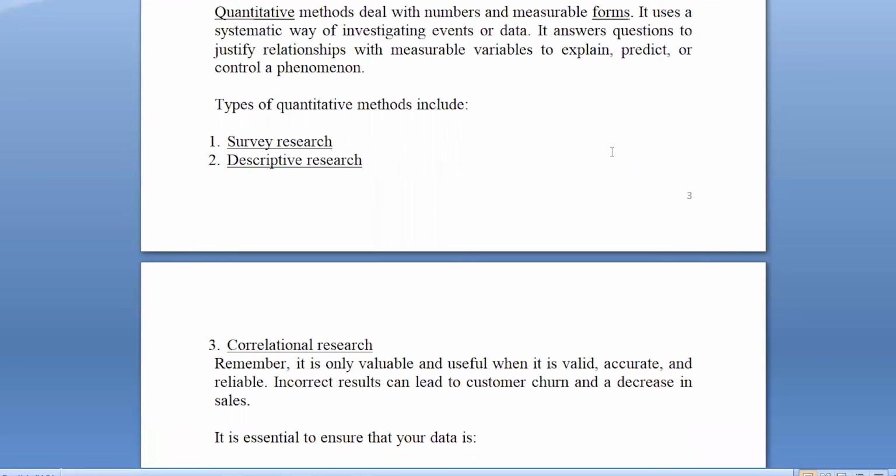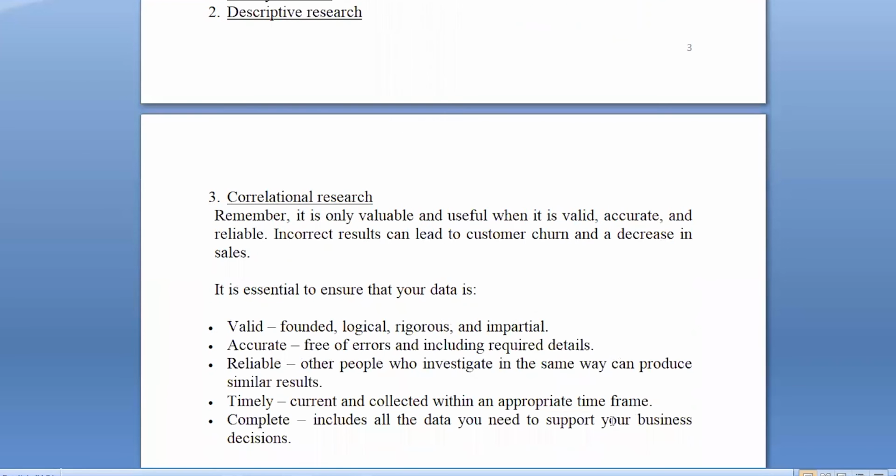Incorrect results can lead to customer churn and a decrease in sales. It is essential to ensure that your data is valid, well-founded, logical, rigorous, and impartial, and your data is accurate, free of errors, and including required details, and it should be reliable.